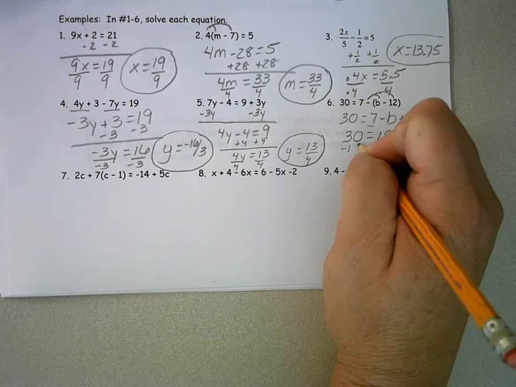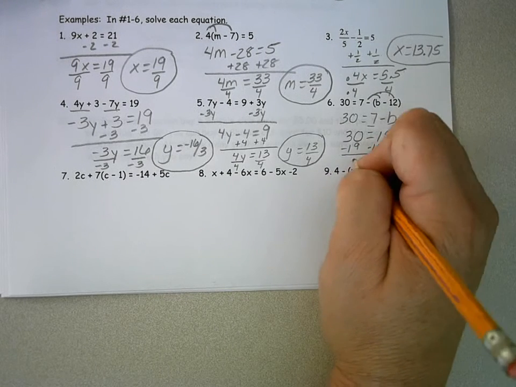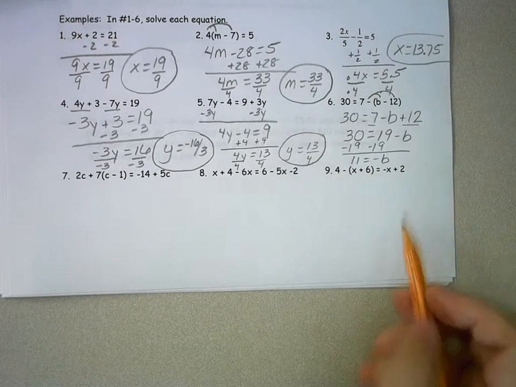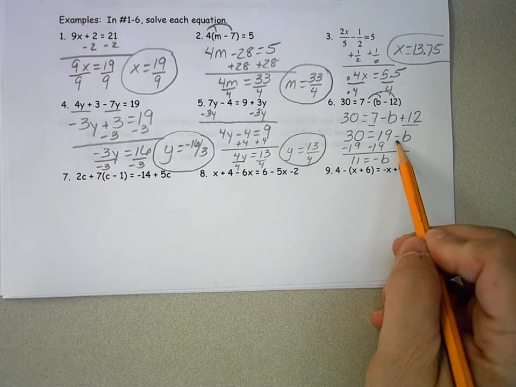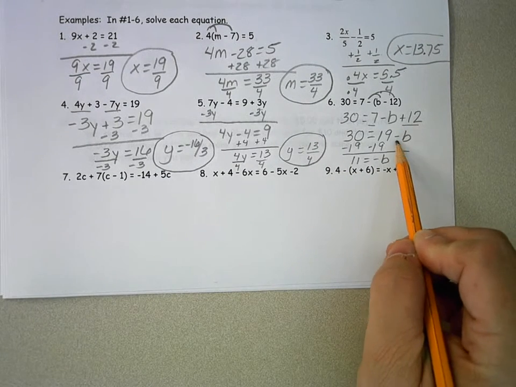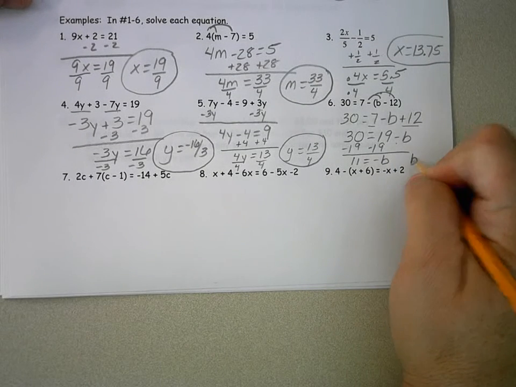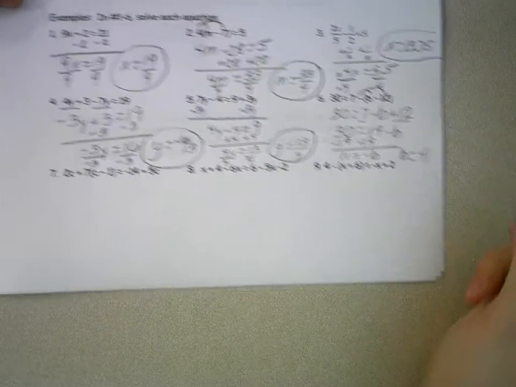From there, subtracting 19 from both sides, you have 11 equals negative b. Don't forget this negative right here. And then b ends up equaling negative 11.